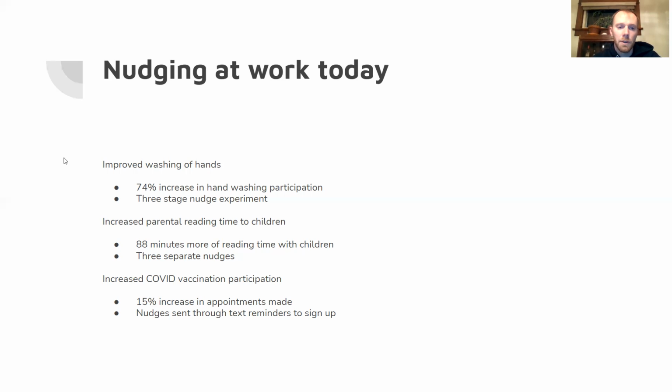And on a similar note, there was a COVID vaccine participation study, I think it was at UCLA, in their healthcare system, where they saw a 15% increase in appointments made through nudges sent as text reminders. They sent people who were eligible for the COVID vaccine a message to sign up for an appointment.